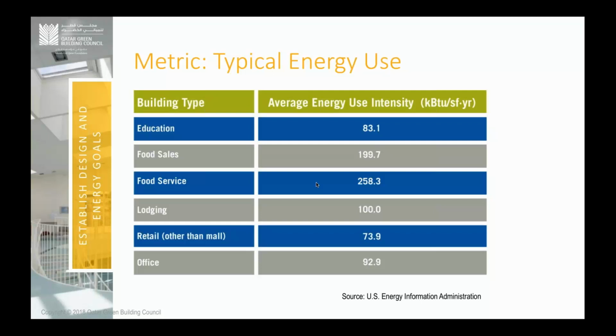So it's either kilo BTU per square foot per year, or if you do the conversion, it will be kilowatt hour per square meter per year. So this is an average of energy use, and in each country, this is sourced from the US Energy Information Administration. You can have similar averages in your country, but keep in mind this is an average, and typically you shouldn't exceed the average if you're going for a green building.